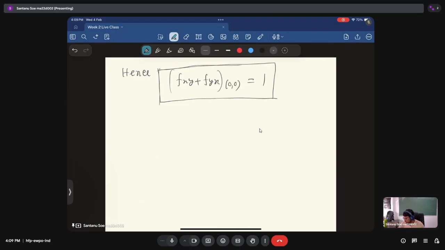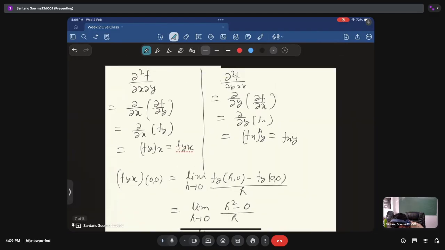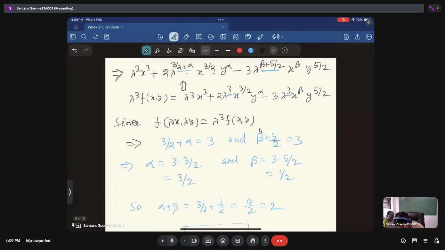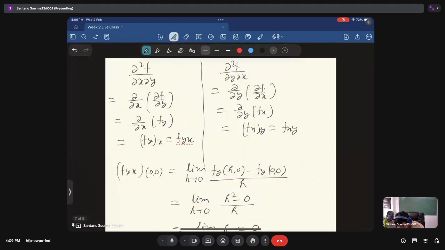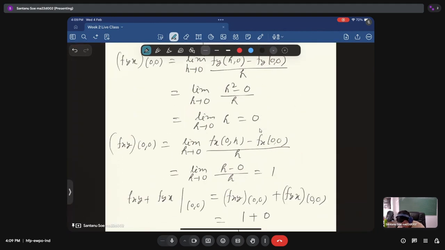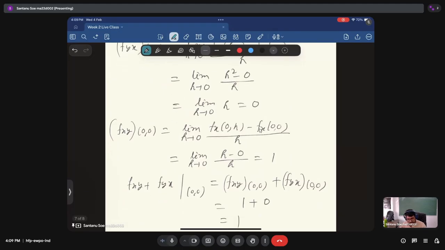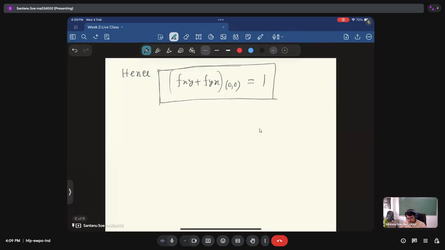So you just write the mixed partial derivative definition, the limit definition, and then you just put all the values, that is fxy(0, 0) and fyx(0, 0), which is nothing but 1 plus 0. So the answer is 1. So this is very simple.